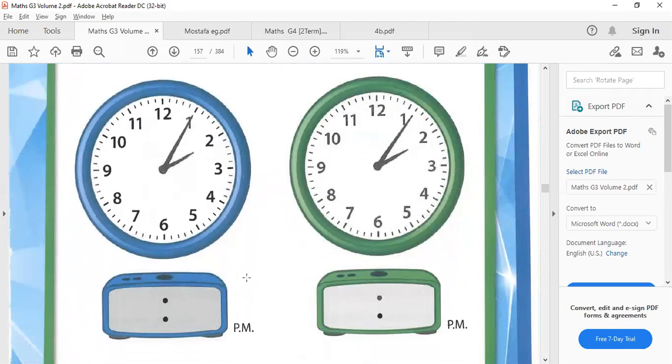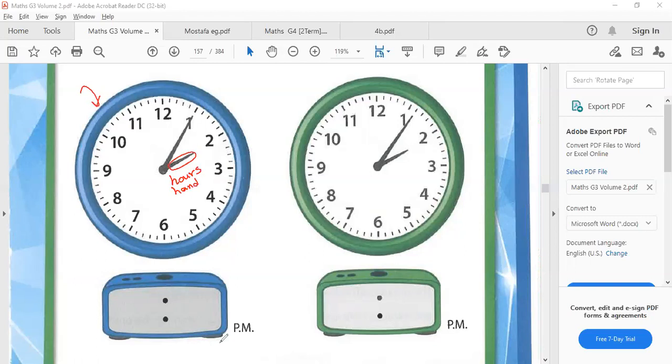Okay, if we have a clock like this and we need to say what the time is for this clock, we have in any clock two hands. The short hand is the hour's hand.